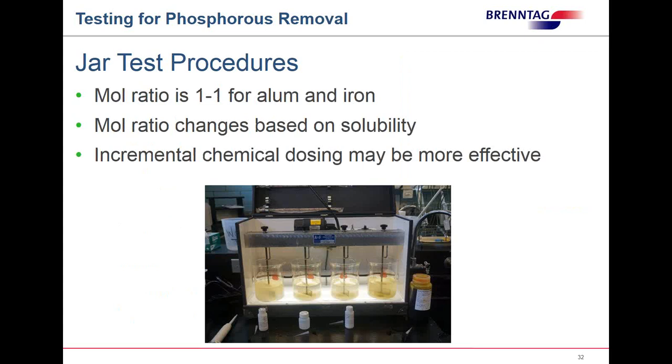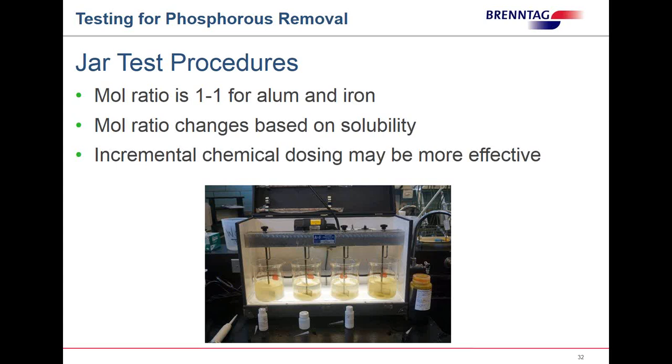So dosage determinations. Chemical addition can be calculated based on mole ratios. As an example, alum and iron basically have a 1-to-1 mole ratio with phosphorus down to about 1 part per million. So 1 mole of aluminum will form a bond with 1 mole of phosphorus.